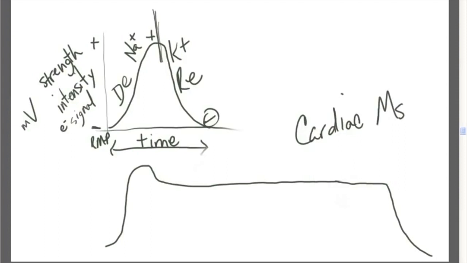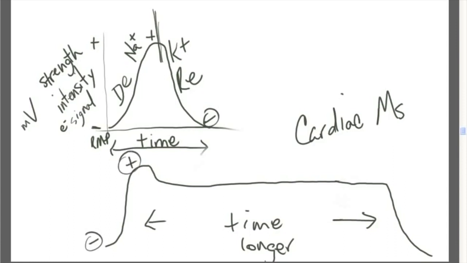Tell me about the time. Well, that sure looks longer to me. Right? It's a lot longer. The height, it doesn't look that much taller to me. It looks about the same height. What if I tell you that there's a negative there, that there's a positive there, and that back here it goes back to negative?